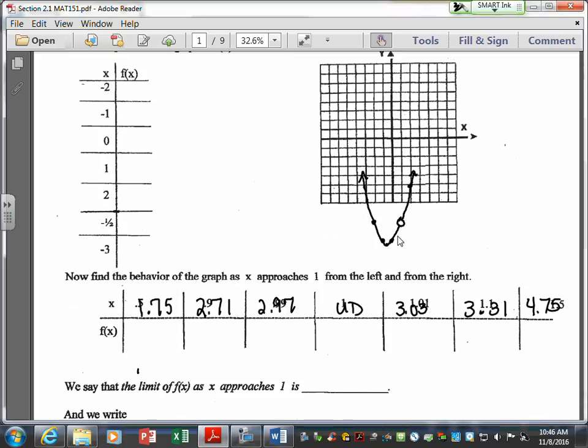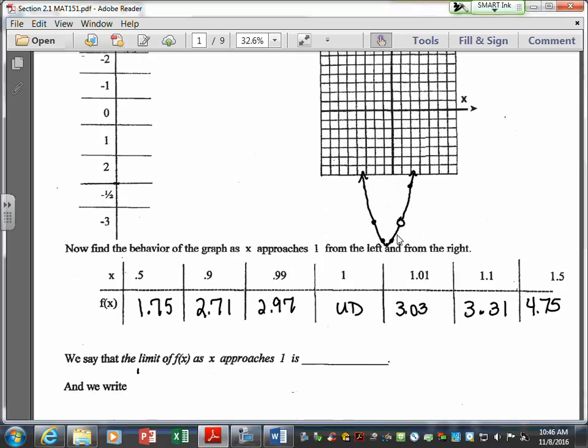So we would say the limit of the function f of x as x approaches 1 is 3. Also we remember left-hand limits and right-hand limits, when x approaches 1 from the right or from the left, we would say it is equal to 3.